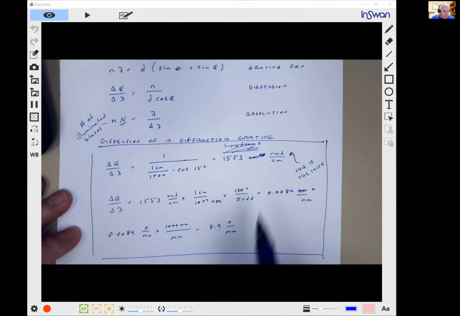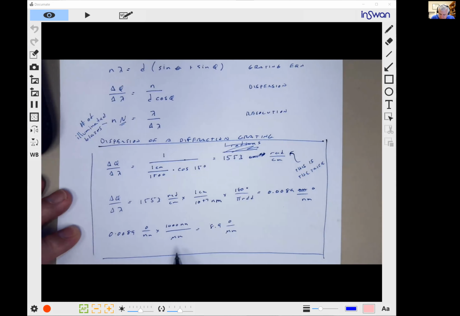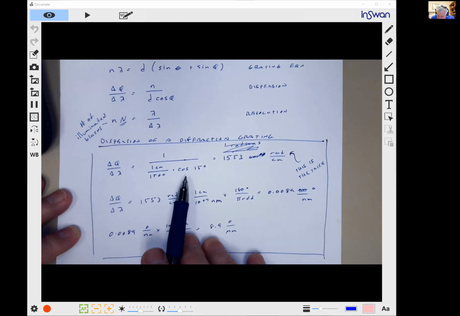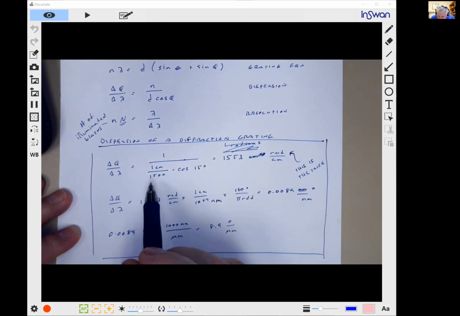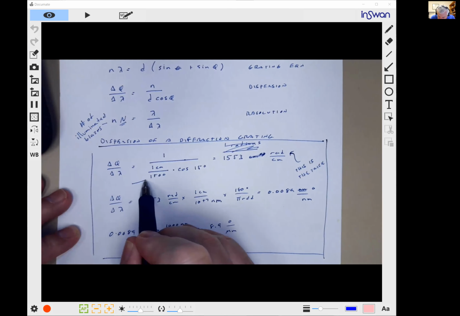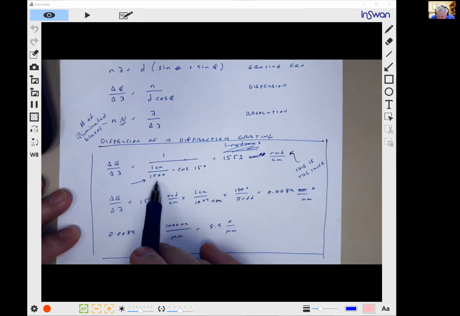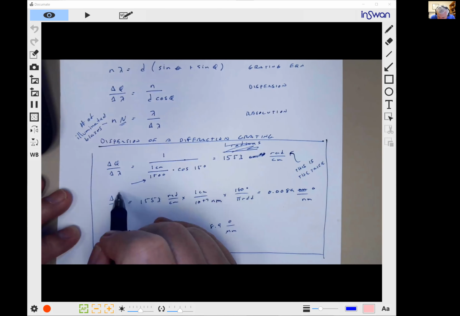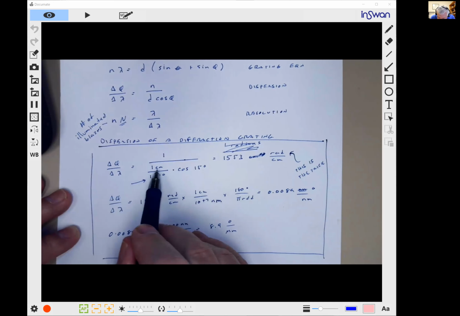You basically just have to plug in the values that you have for the problem. So for example, here this is 1,500 grooves per centimeter. The d value comes in reciprocal.